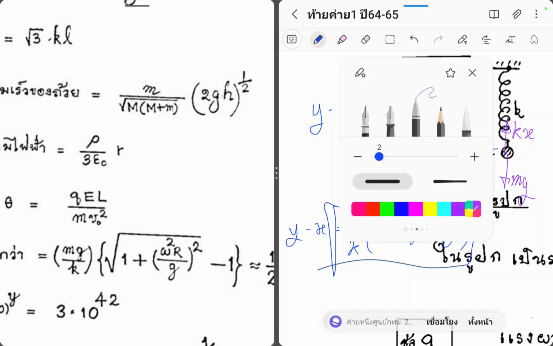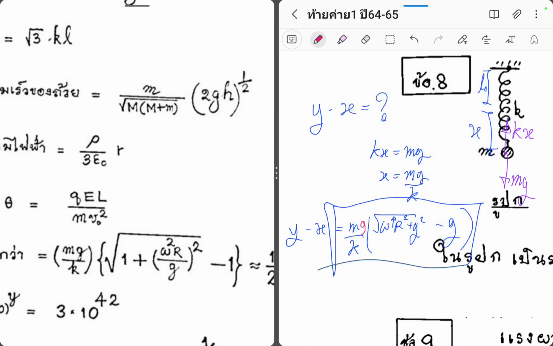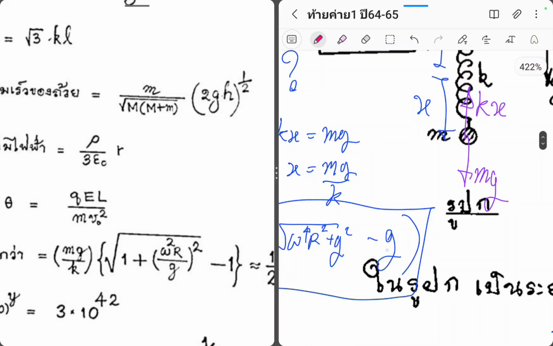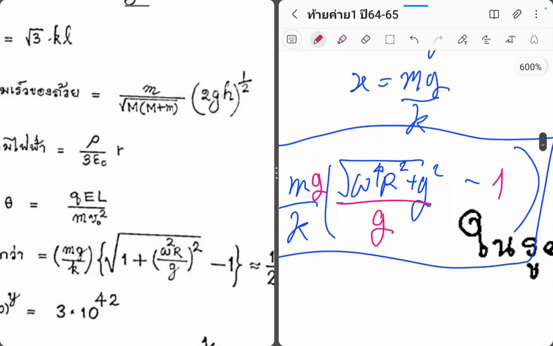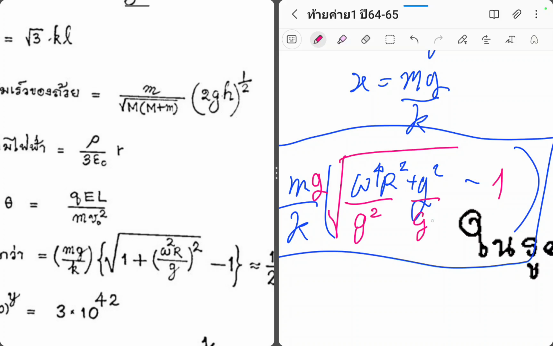They multiply everything by g, and then we get mg, and then g comes here, and this goes to 1, and this goes to this one. We take g into the square root and get g squared here. So we got this to another one.